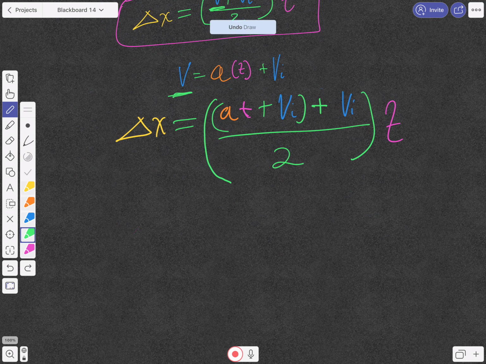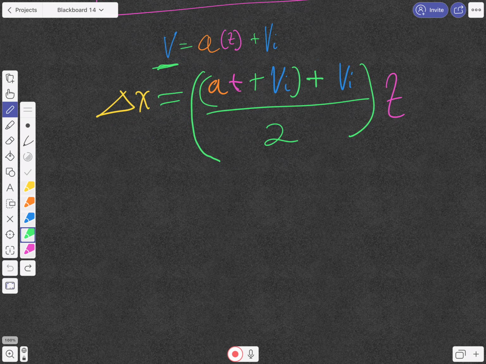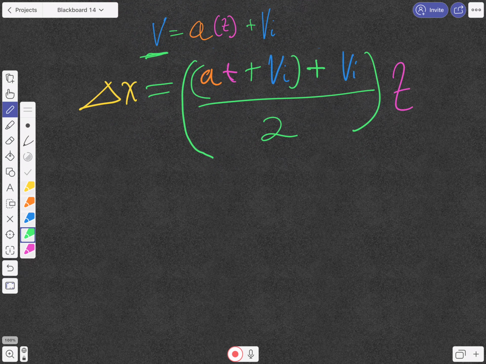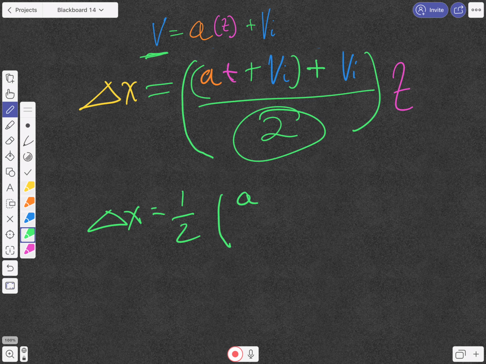I'm going to stay in green while I derive this down, just because it'll be faster for us. So delta x is equal to, and I'm going to pull this 2 out in front, so we now have 1/2. And that is going to give us a t plus 2 vi, or v initials.